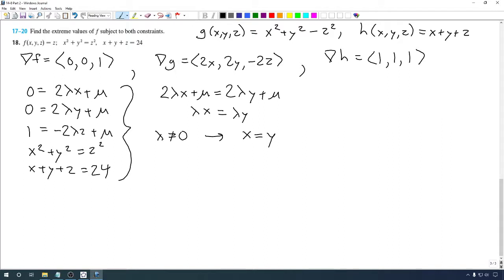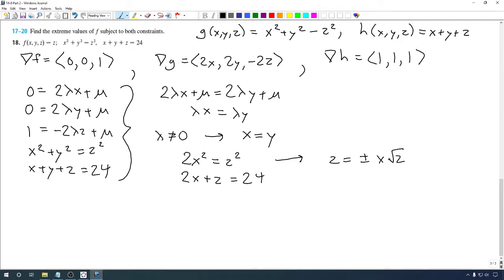That's pretty nice. We can go ahead and plug that into our constraints. So our first constraint becomes just 2 copies of x squared is equal to z squared. And our second constraint is 2 copies of x plus z is equal to 24. Let's actually just go ahead and solve this one for z. z is either plus or minus x times the square root of 2.